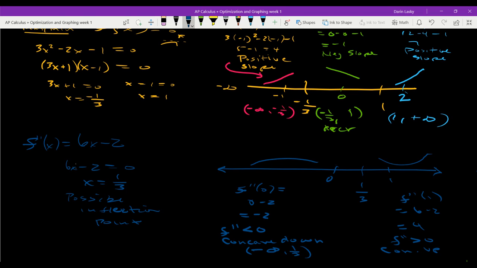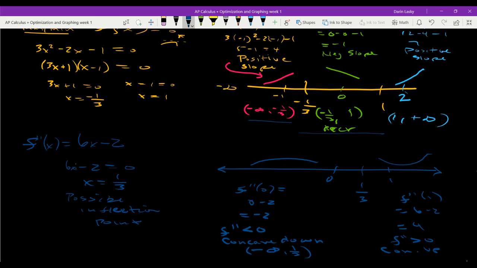So let's just look at the pieces that we have here. We know quite a bit of information. We know that between negative infinity and negative 1/3, it's an increasing slope, but it has to be concave down. Between negative 1/3 and 1, it has a decreasing slope, but concave down.